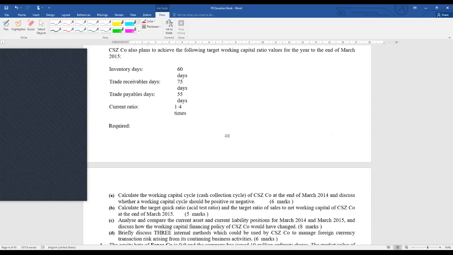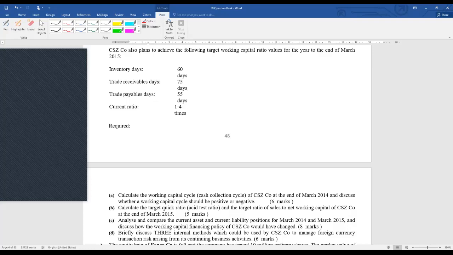Just to confirm, CSZ Company, page 48, 49. Yes, we did it together. So we can do B, and I think we can do C, maybe.